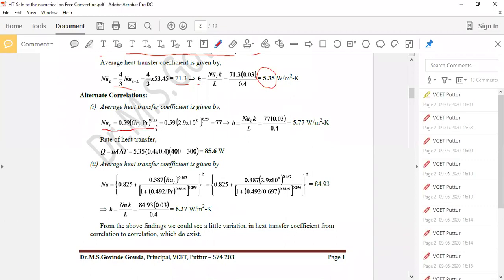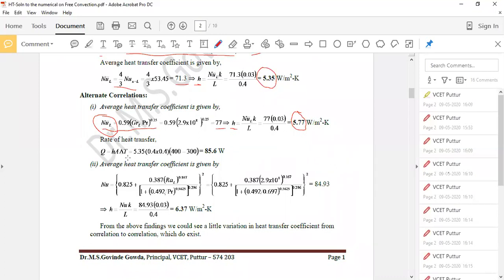You have this equation. Remember that this is the average Nusselt number, and using this average Nusselt number, you will calculate what is the average heat transfer coefficient. So using this, average heat transfer coefficient is calculated as 5.77.